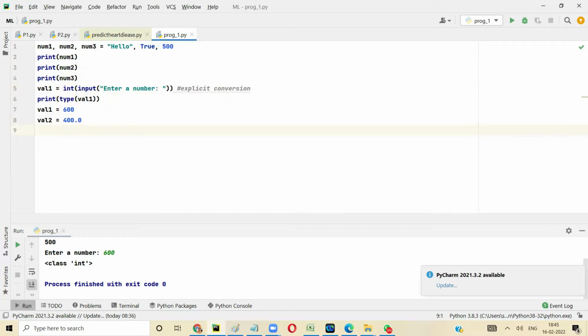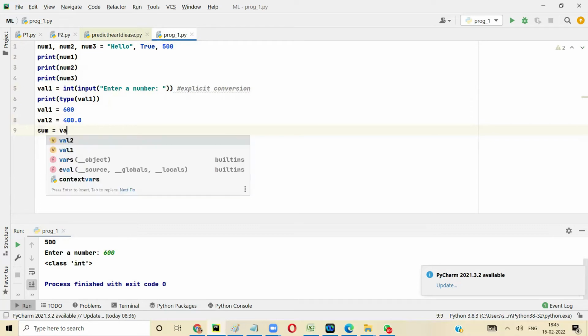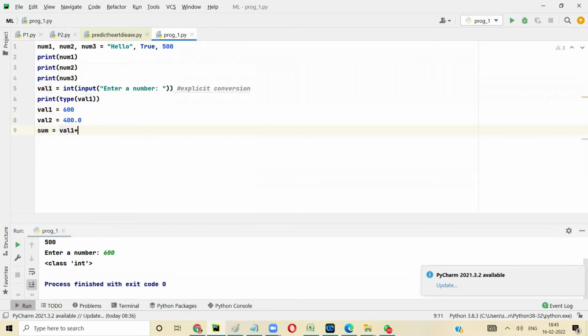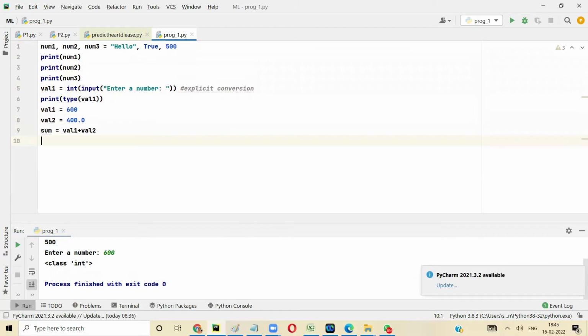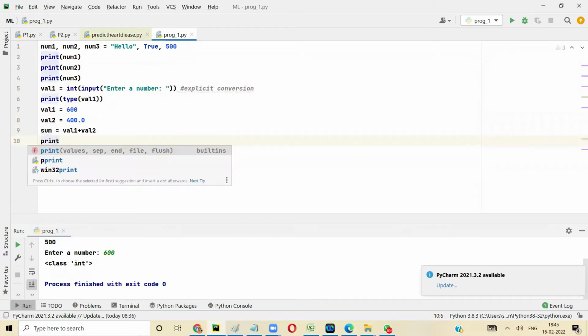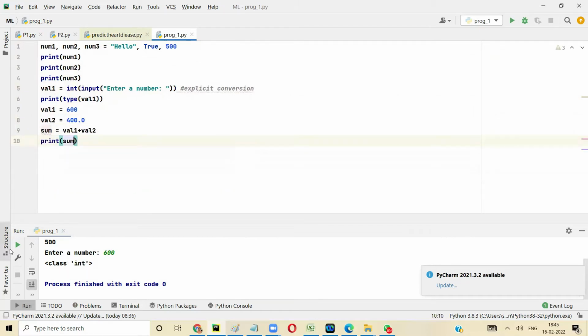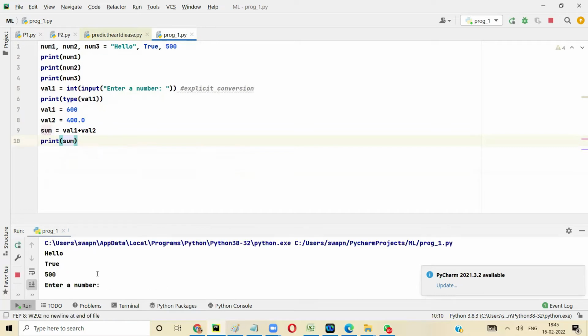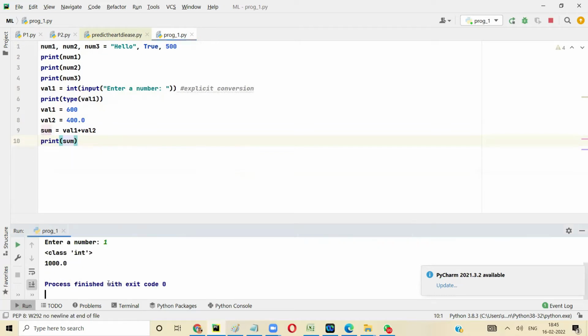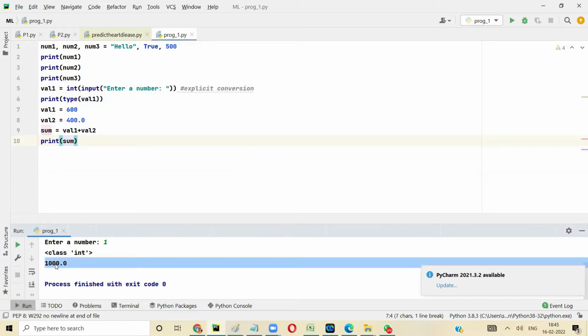Now when I perform sum equal to val1 plus val2, and I print sum, see, the answer is a float value, isn't it?